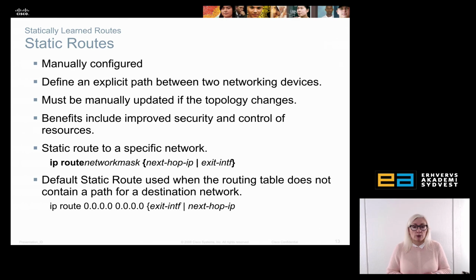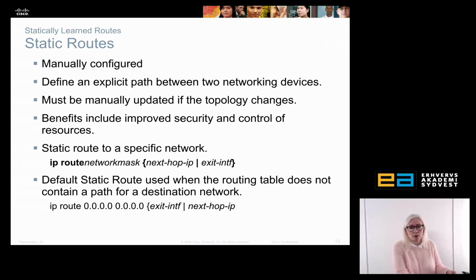So mainly we can put in routes statically, where we manually configure them. We use the IP route command and say, if I want to reach this network, I will go to that next hop, of course also with the subnet mask. We have a default route, which we put in if we want a default gateway.